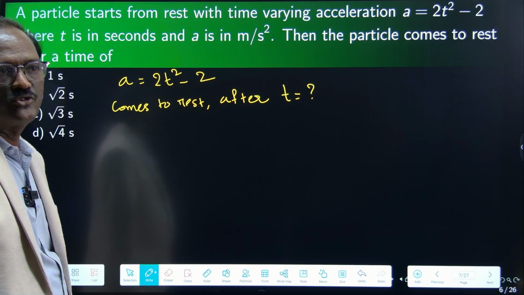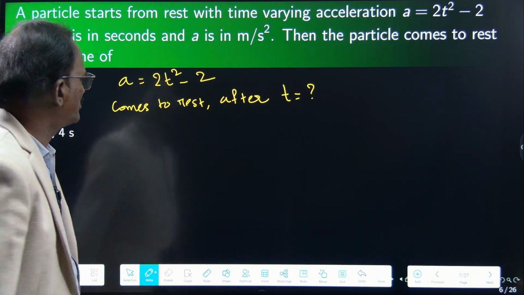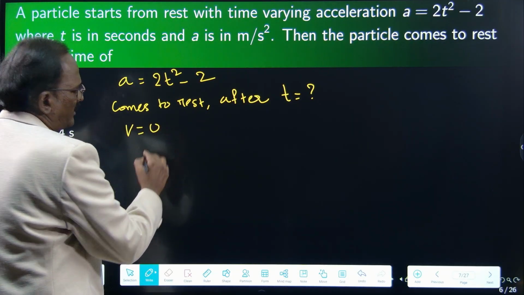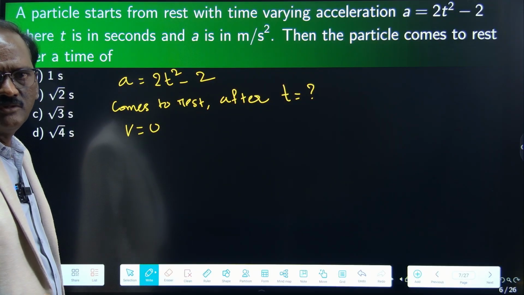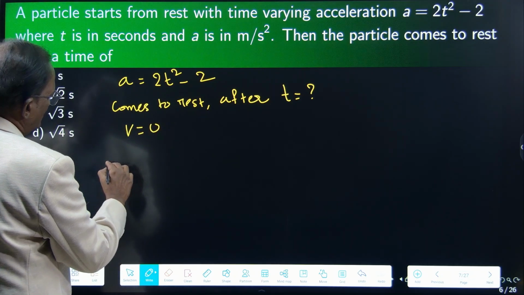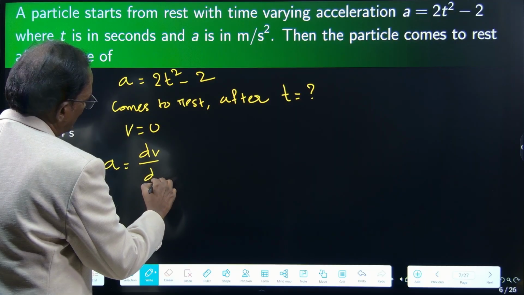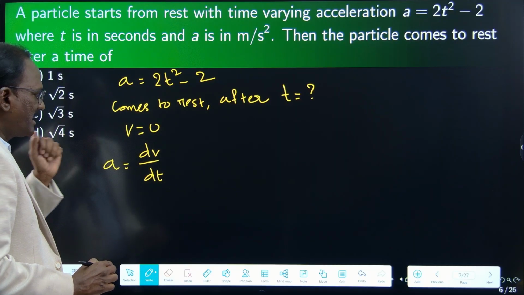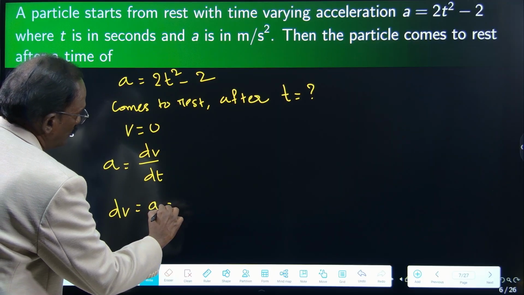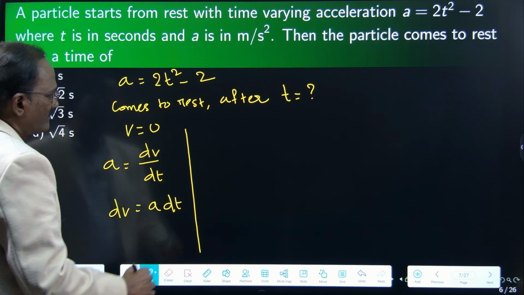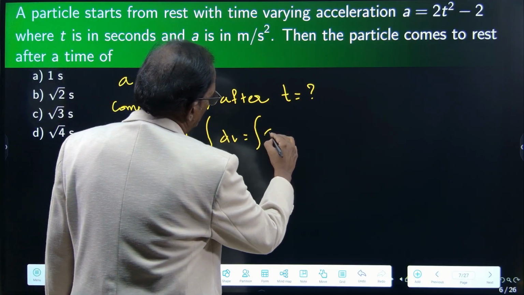When the particle is coming to rest means its velocity is becoming 0. So we have to find the time when v is becoming 0. From a we have to come to v, right? A is given, the fundamental equation is a is equal to dv by dt. From this equation we have to find v, so cross multiply it. dv is equal to a into dt. So integral of dv is equal to integral of a into dt.